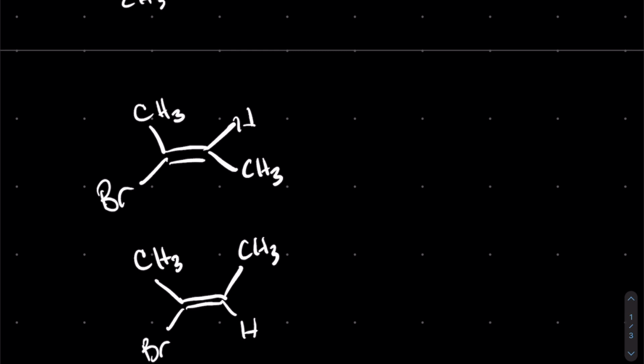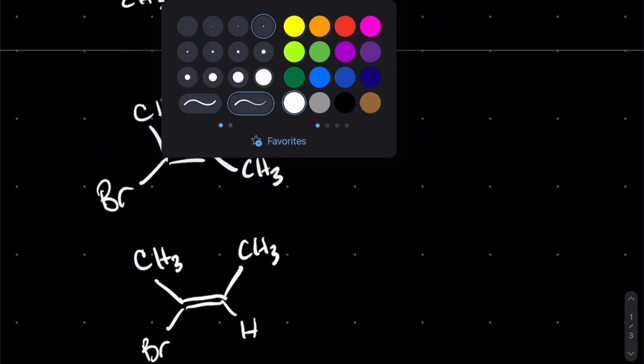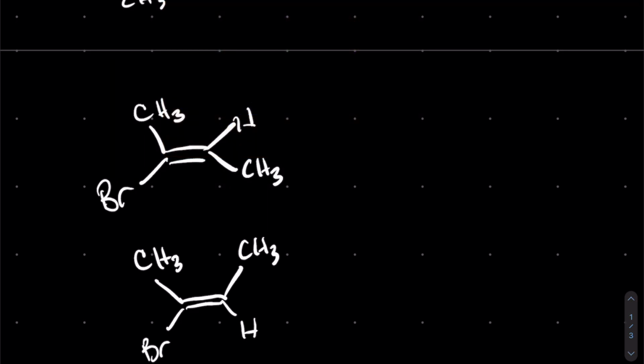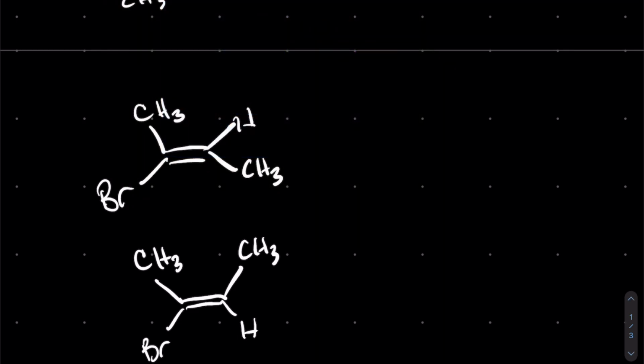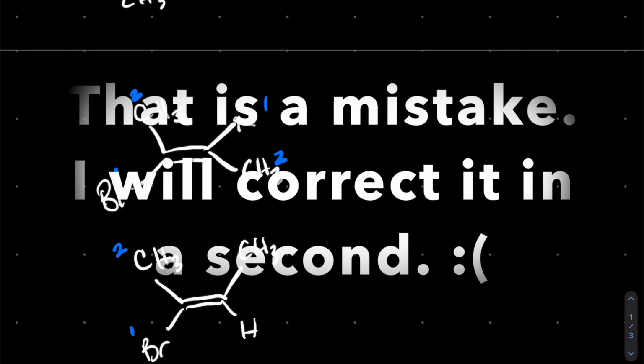So we have to establish priority on this, just like we do for everything. And cis and trans are not necessarily, the priority is not established by the carbon backbone. It's determined by weight again. So this is how you determine the priority of the Z and the E configuration: the priority for bromine is going to be 1. That's going to be 2. And then on this side, it's going to be 2 and 1. And just like this side, this is going to be 1, 2, 2, and 1.